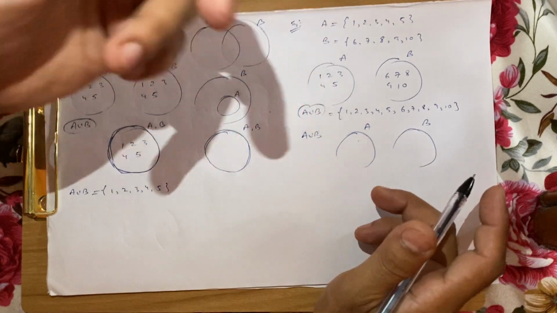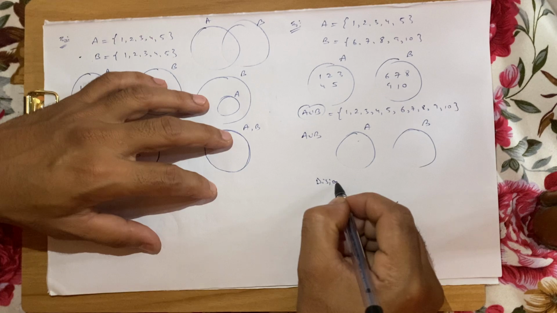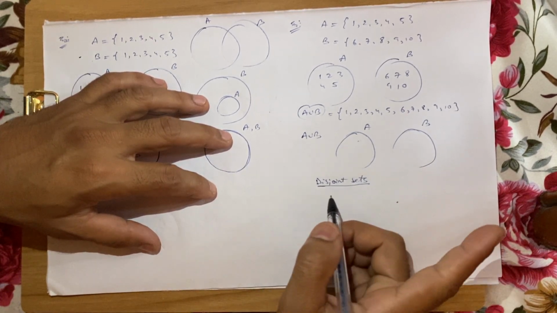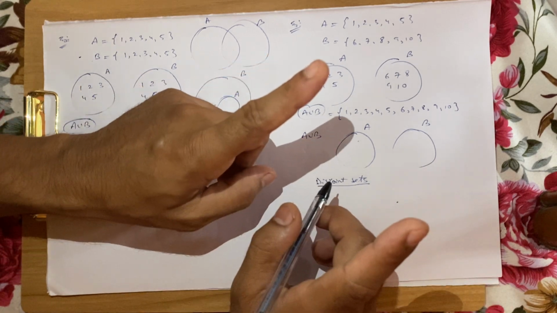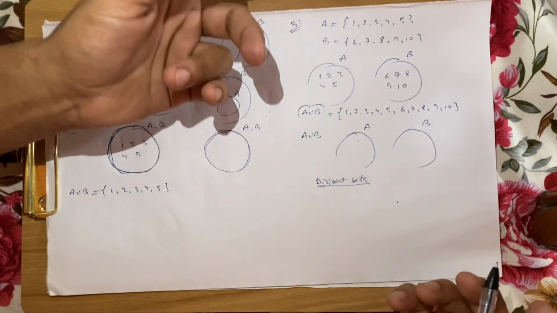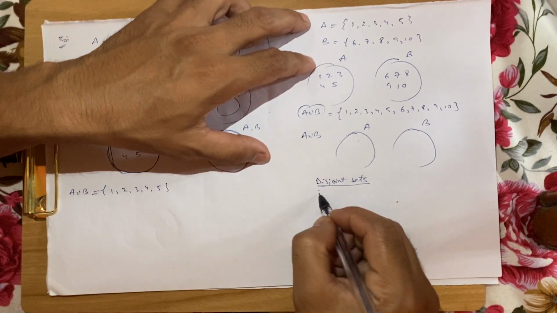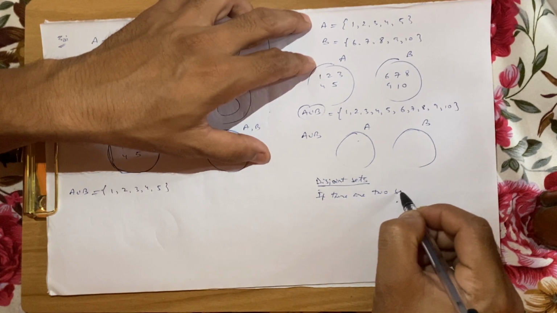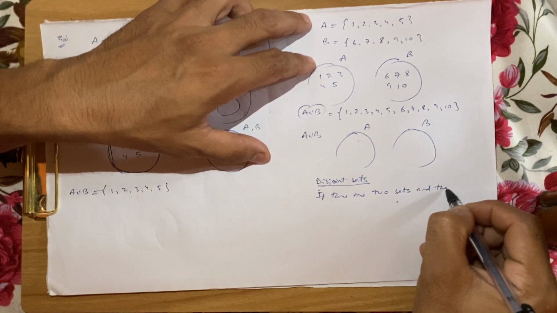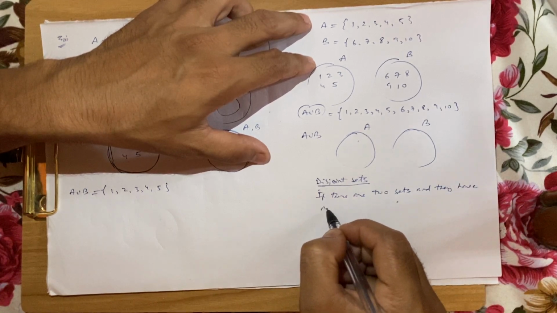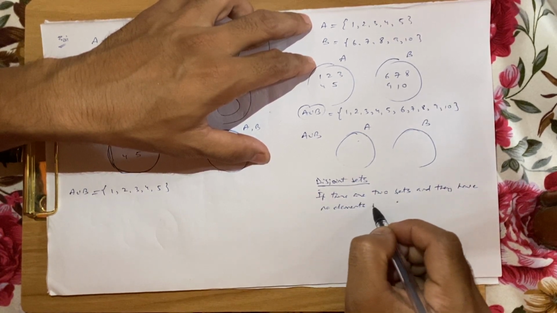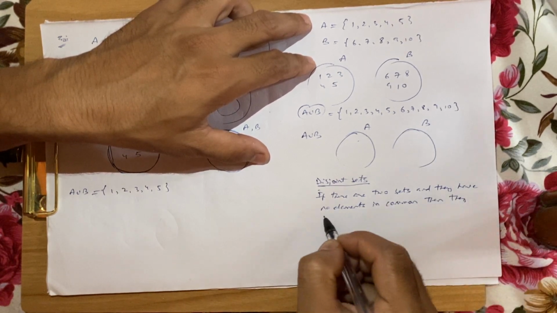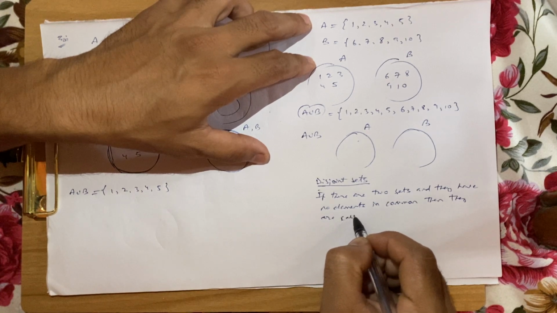So here comes the concept of disjoint sets. Please make sure to note this down. Two sets are called disjoint sets if they have no elements in common, like this one. If there are two sets and they have no elements in common, then they are called disjoint sets.